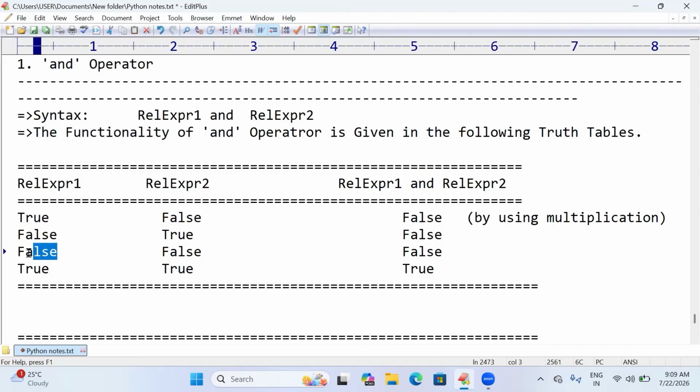False and false is false, since 0 multiplied by 0 is 0. True and true is true, because internally PVM considers both as 1, and 1 into 1 is 1. So this is the truth table for the AND operator.